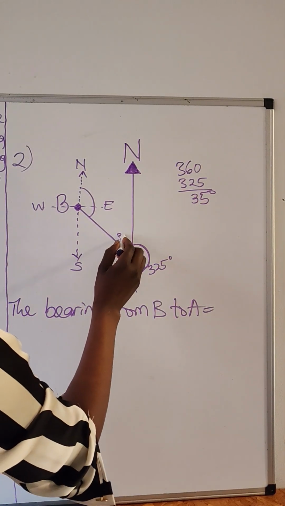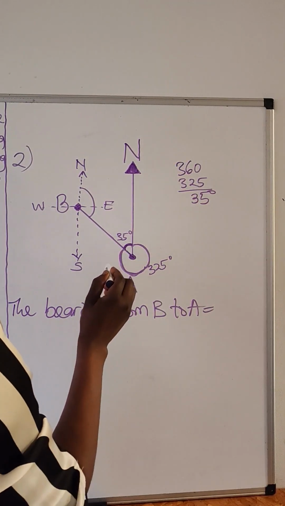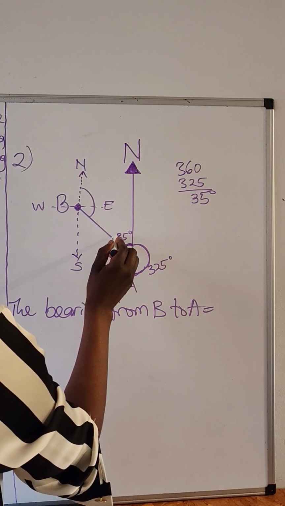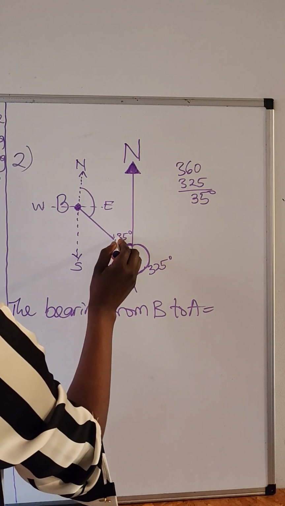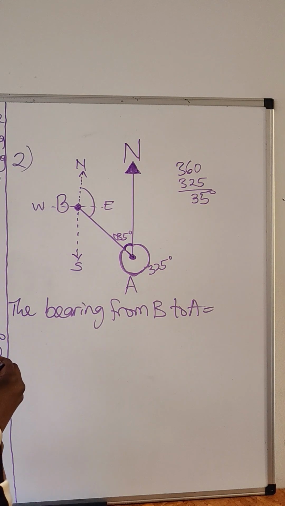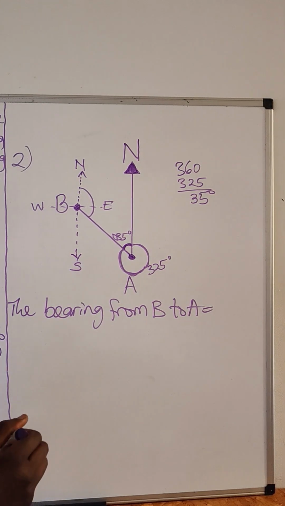So this is 35 degrees, but for bearings you have to write in three figures. So it's 035 degrees.